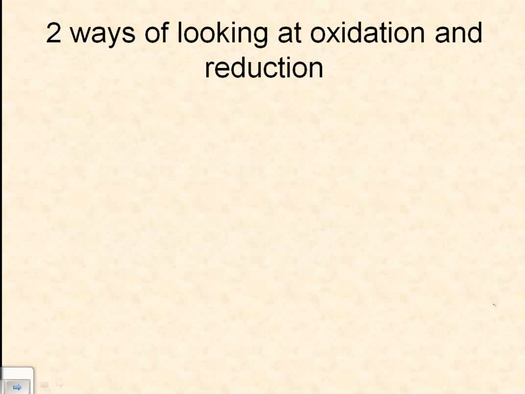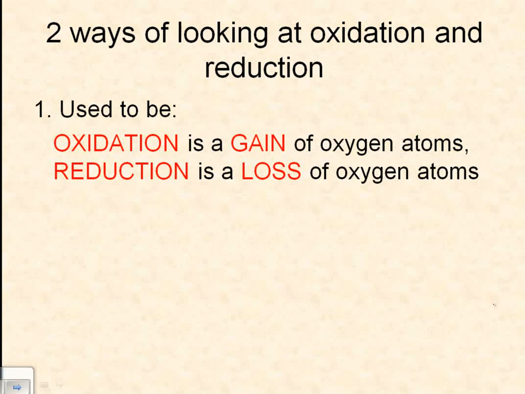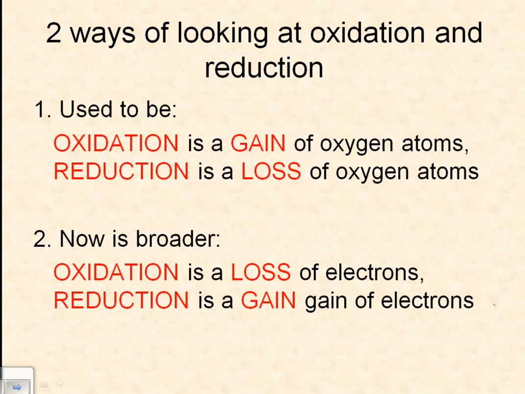So there's two ways of looking at oxidation and reduction reactions. The first is how it used to be defined, which was oxidation involves something gaining oxygen atoms, and reduction involves something losing oxygen atoms. Today, however, the definition is broader in that oxidation is now considered to be the loss of electrons, and reduction is a gain of electrons.